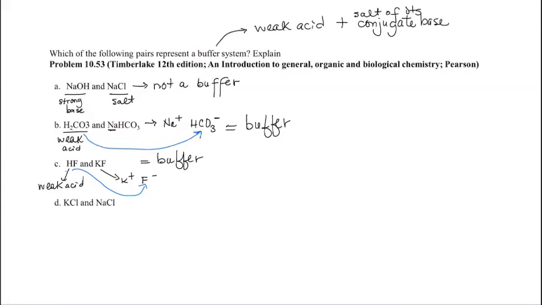Metal, polyatomic ion. So just register now in your brain that I need to have in this combo a weak acid. Once you identify the weak acid, and then the conjugate base of that weak acid, it's going to be paired with a metal, because that makes it an ionic compound, and ionic compounds are known as salts.